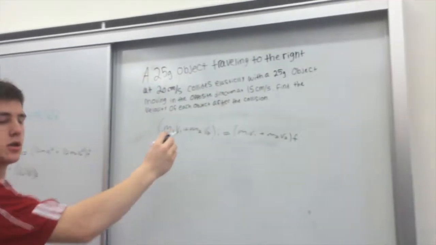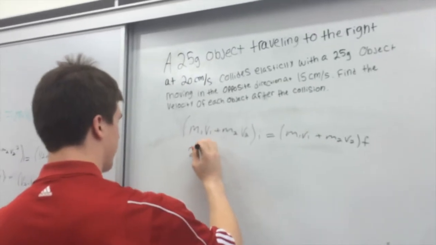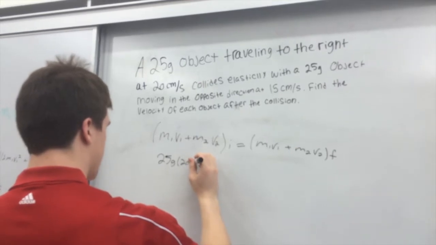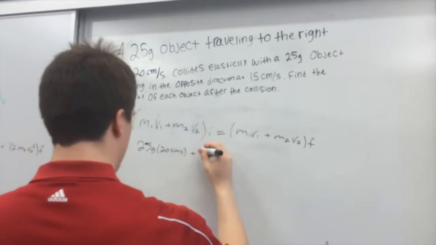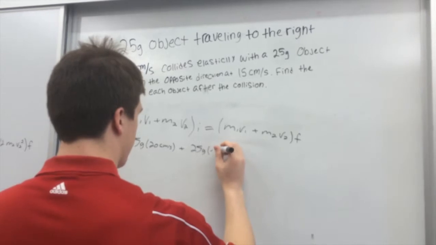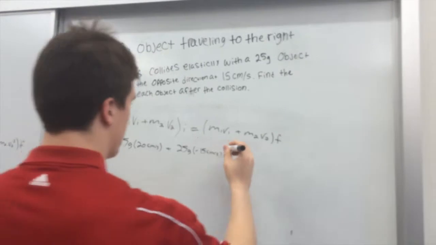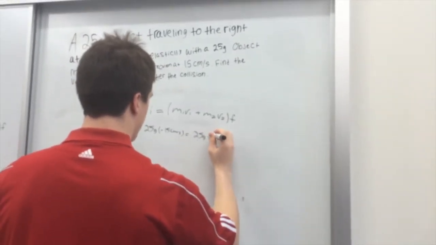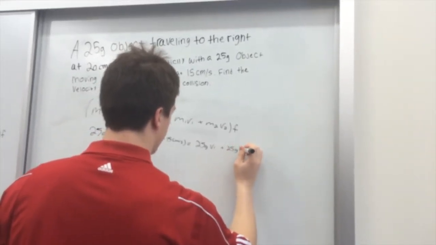We're going to use this equation to start out with, and what we have is 25 grams multiplied by 20 centimeters per second plus 25 grams times negative 15 centimeters per second equals 25 grams times V1 plus 25 grams times V2.